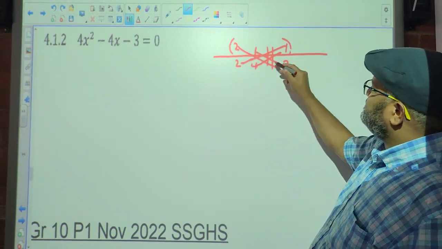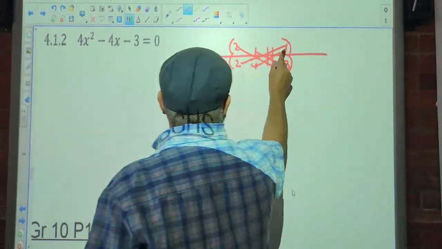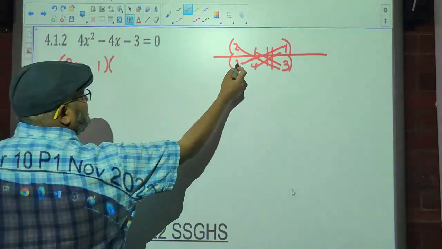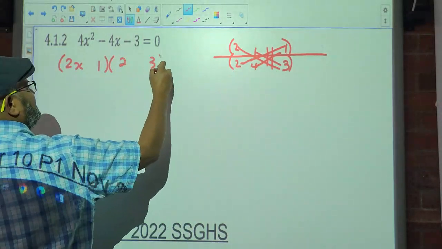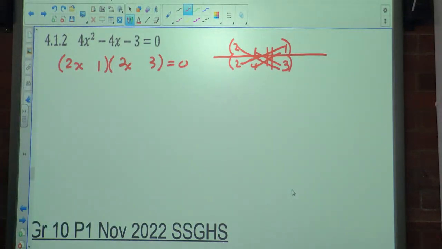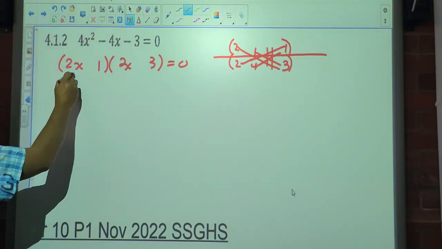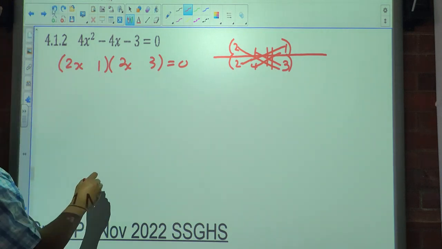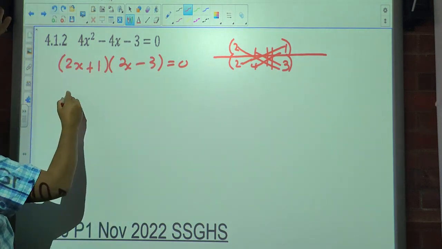And that's what I want, not so? So in the bracket goes a 2x and a 1, a 2 and a 3. What about our signs? Plus and minus. Different signs. The bigger one must be negative. So that's going to give you 6 and that's 2. So 6 is larger, not so? So 6 must be negative.